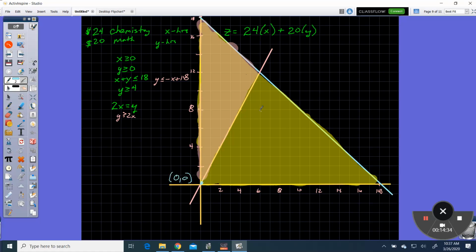Here's another one, it's up at 6, 12. And here's another one, it is 18, 0. So I'm going to plug those in. So I'm going to have z equals 24 times 18 plus 20 times 0.